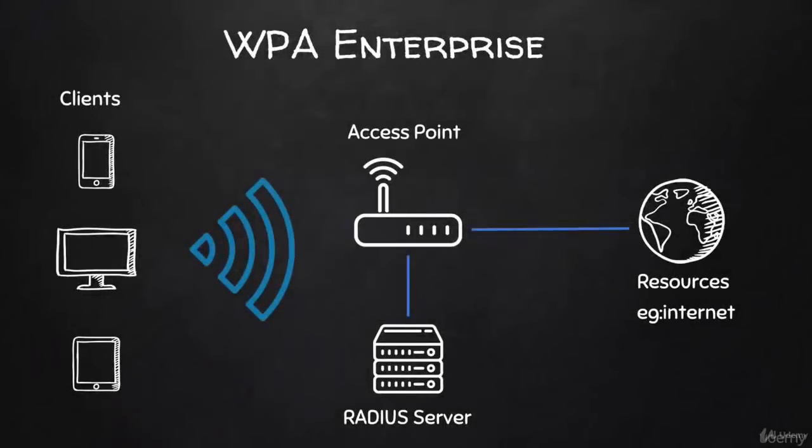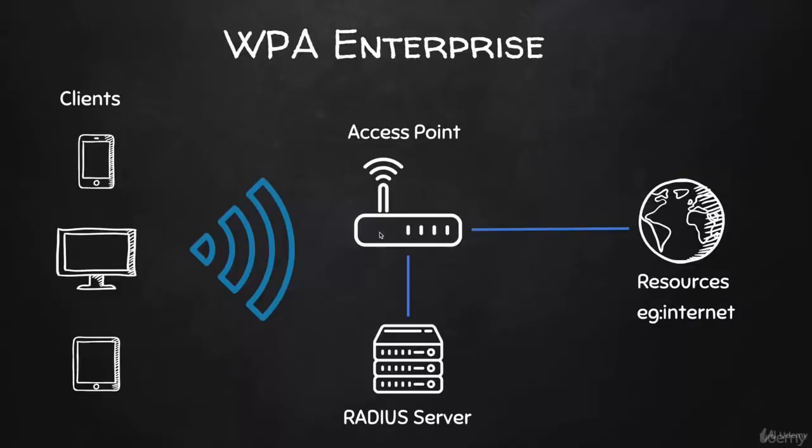So right here I have a diagram of the way WPA Enterprise is usually configured. Now, the access point will not be handling authentication like I said. So the client is going to use some sort of authentication, usually a username and a password. It's going to send it to the access point. The access point will not do any form of verification.